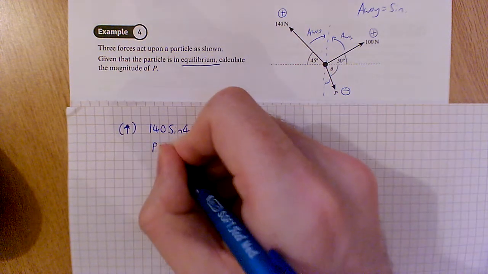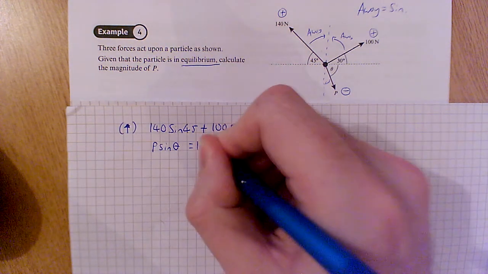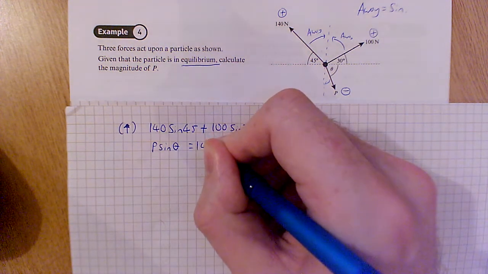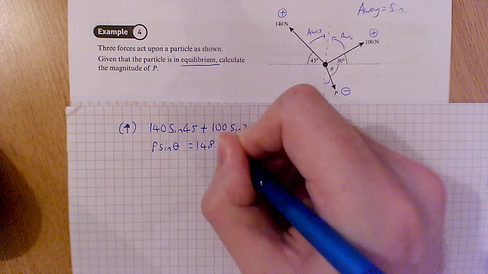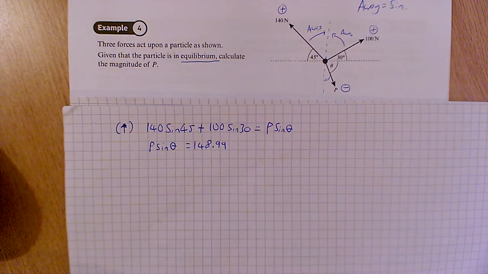So we can put the left hand side into our calculator, and that will give us an expression for P sine theta. So I've got 148.99. Okay, keep as much accuracy as you can at this stage, because we know that might affect the final answer if we round it incorrectly.